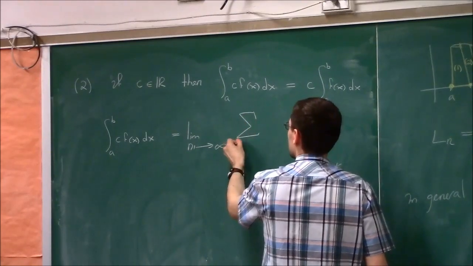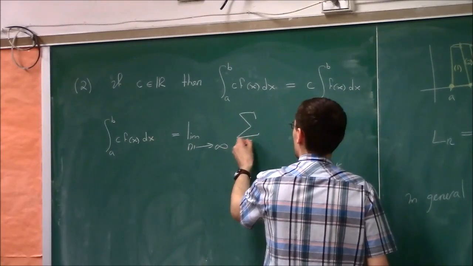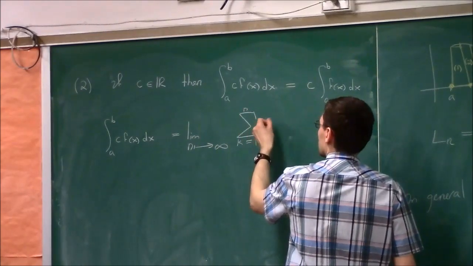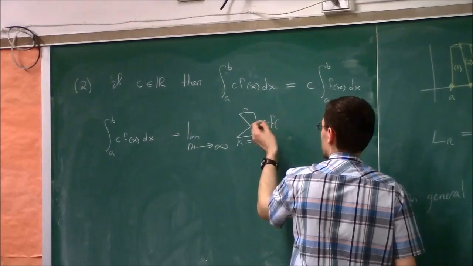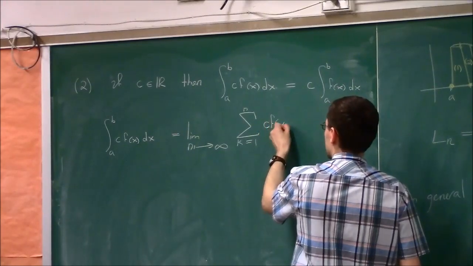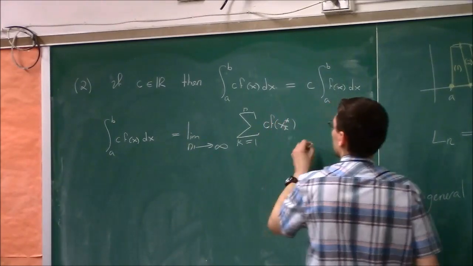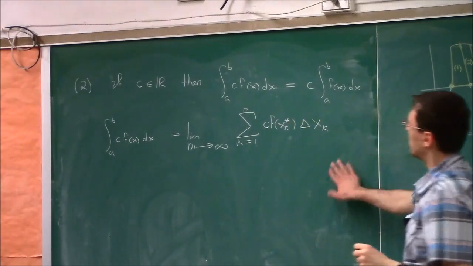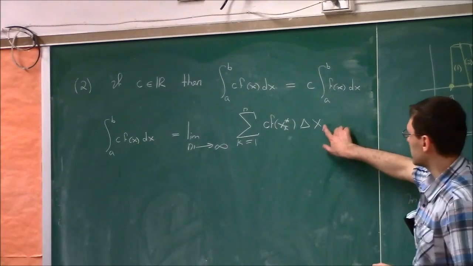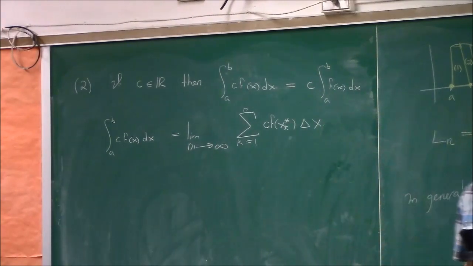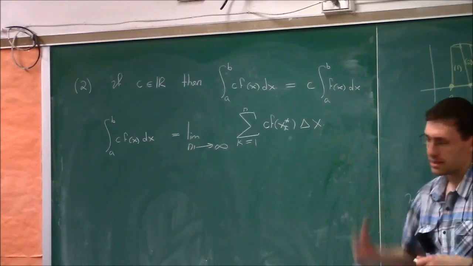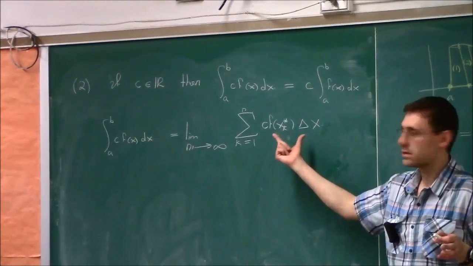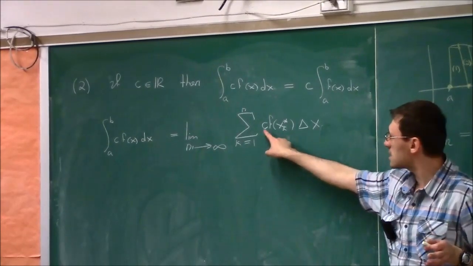The sum from k equals 1 to n of the height of the function, which is C f of x_k star, times delta x_k. If you want to, you can make delta x all the same, so you don't have to worry about it. Delta x is (b minus a) over n, but we don't need to pay attention to those details just to understand this property. So you see, this is a sum.